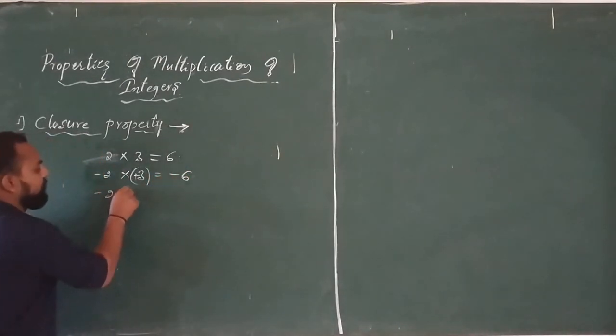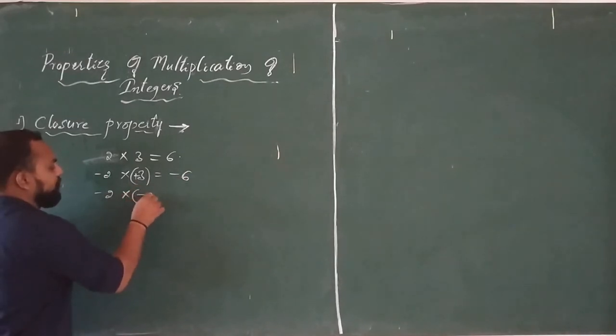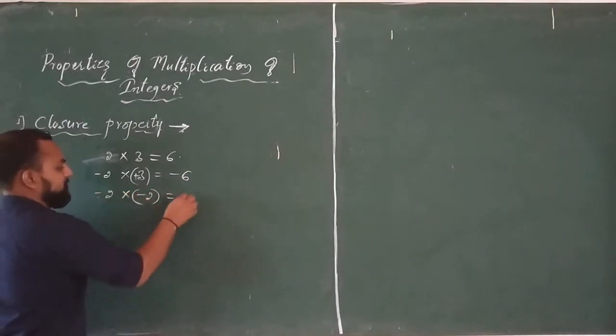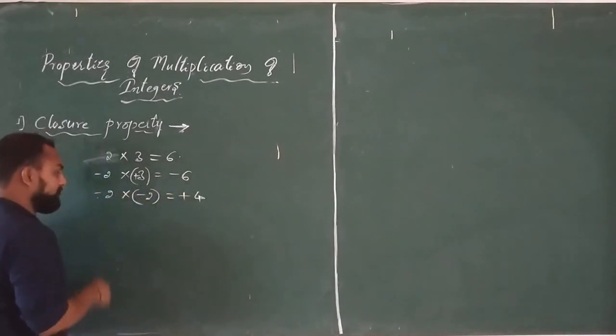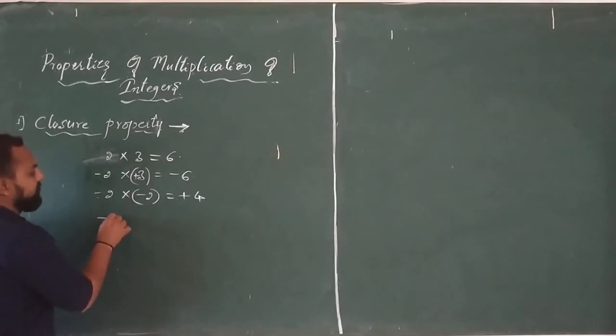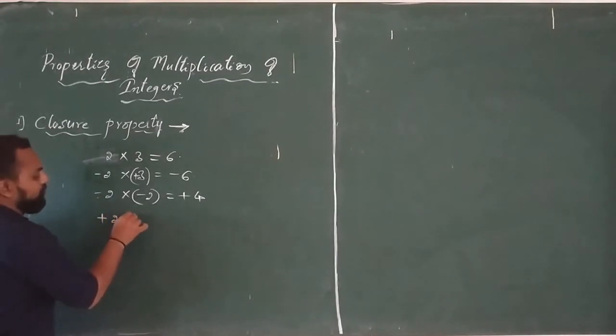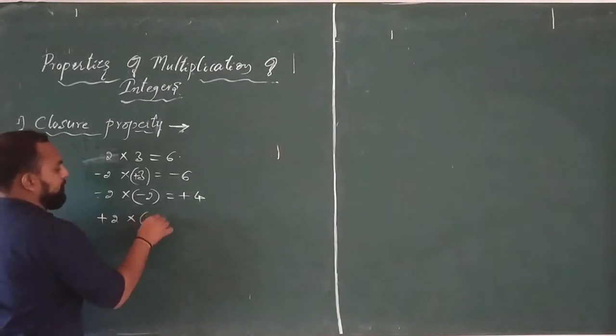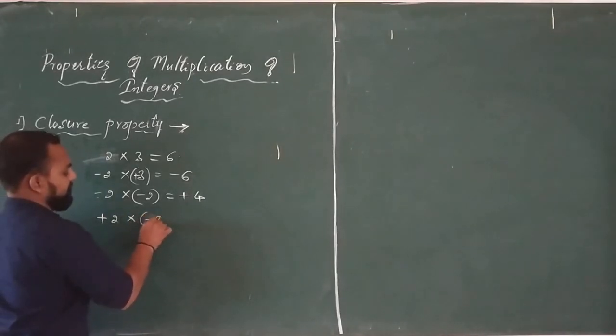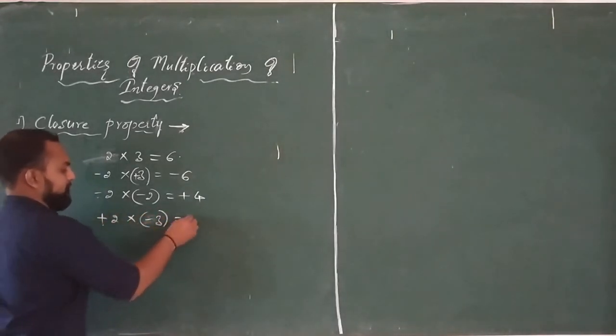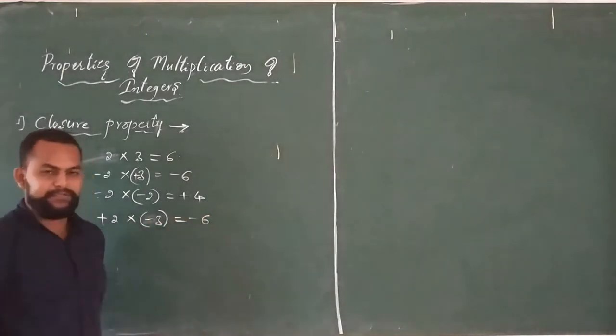Minus 2 into minus 2, minus into minus is plus 4. Plus 2 into minus 3, plus into minus, minus 6.